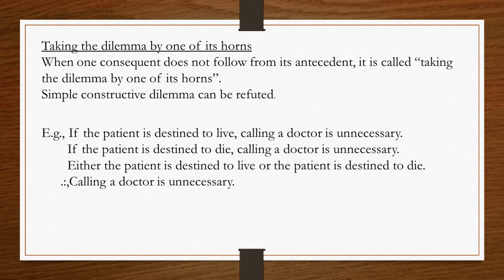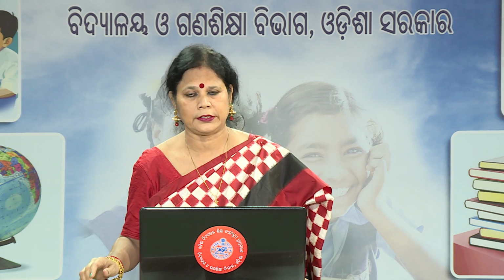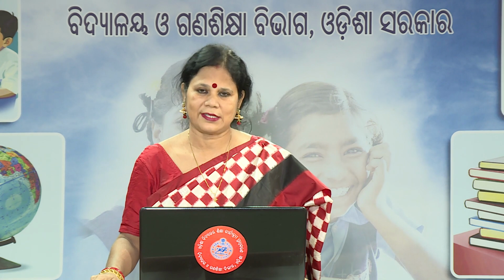When both the consequents do not follow from their antecedents, it is called taking the dilemma by both the horns. Now we will discuss taking the dilemma by one of its horns, where one consequent does not follow from its antecedent. Now let us see the example.